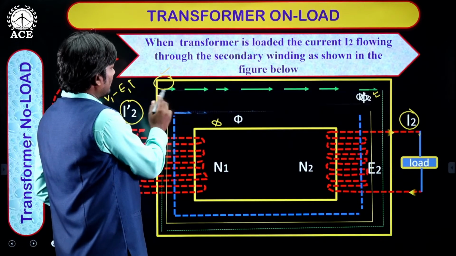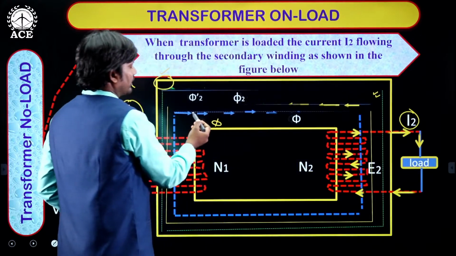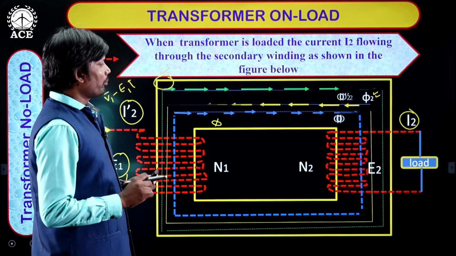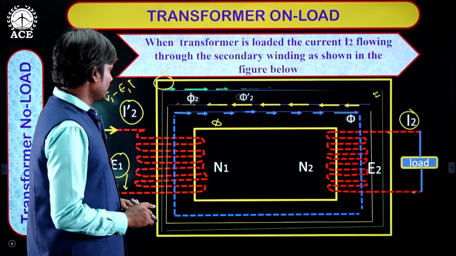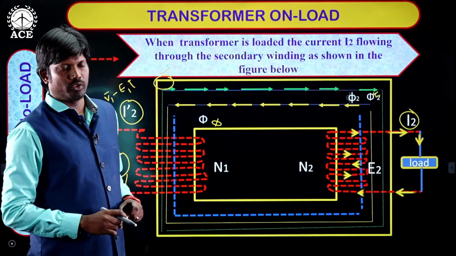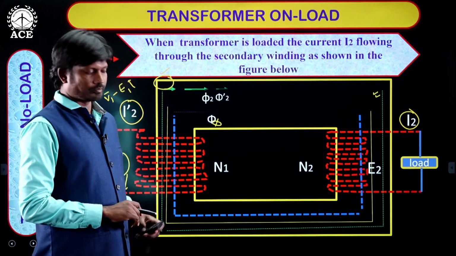This phi 2 dash is in this direction and phi 2 is in this direction. So, this phi 2 dash neutralizes phi 2. As a result, the main flux in the core is constant. Therefore, the transformer is also called a constant flux machine.